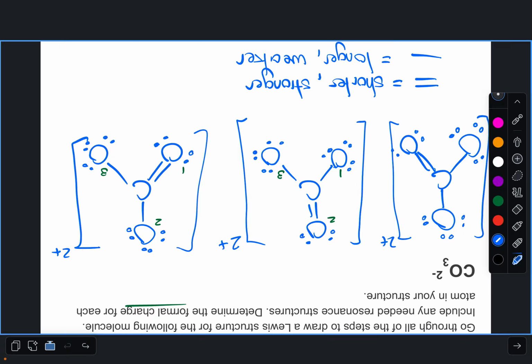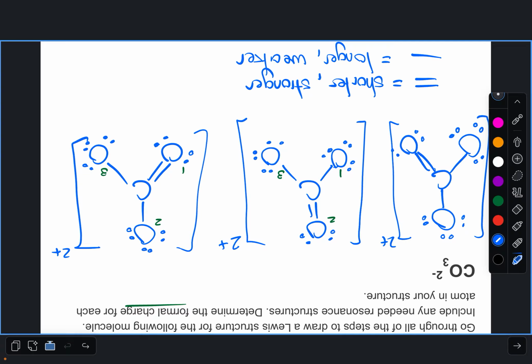When we look at the actual structure of carbonate, CO3 2-, and by look, I mean we do quantum mechanical calculations, and that will tell us bond lengths and bond strengths. When we look at it, these 3 bonds, the ones to oxygen 1, 2, and 3, are actually all equivalent.